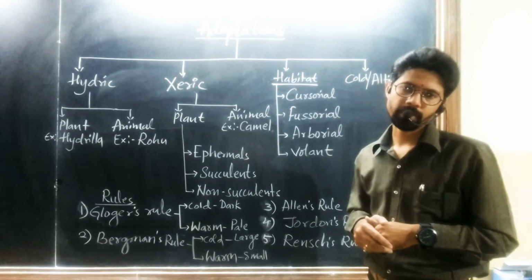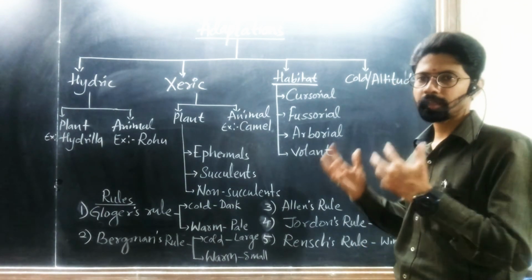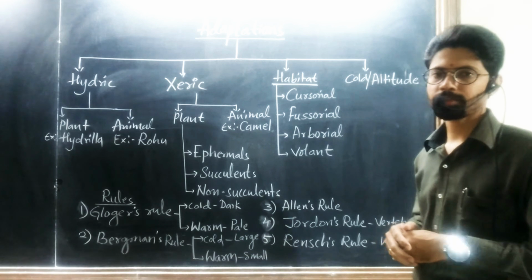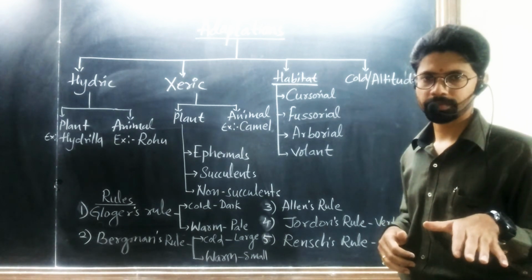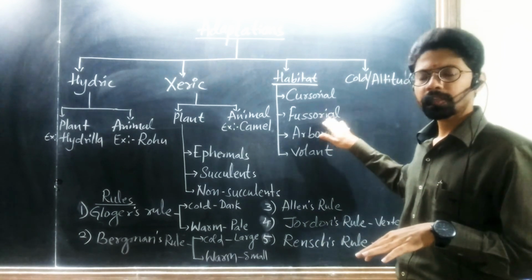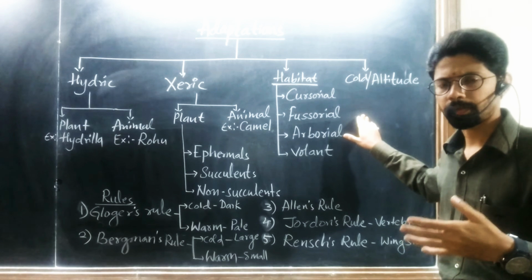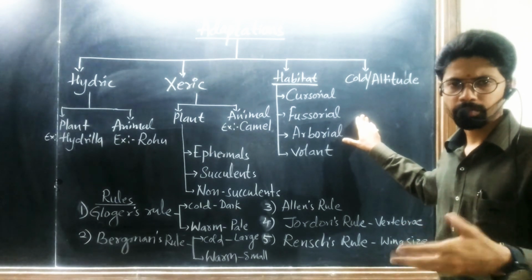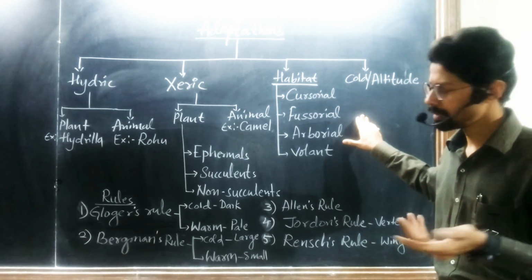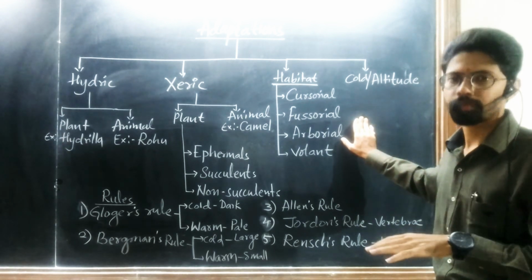Then arboreal is climbing or adaptation to live on trees. Volant is flight adaptation. Clear? For fossorial, you can take rodents as the best examples, whatever rodents you want, such as gerbils, rats, mice, moles.